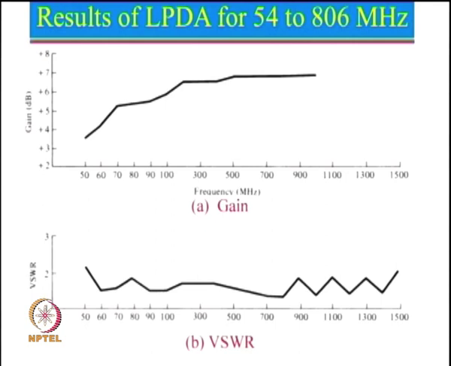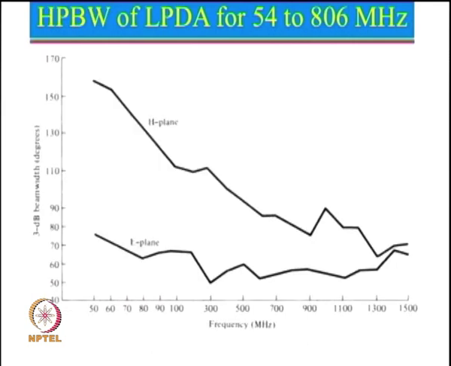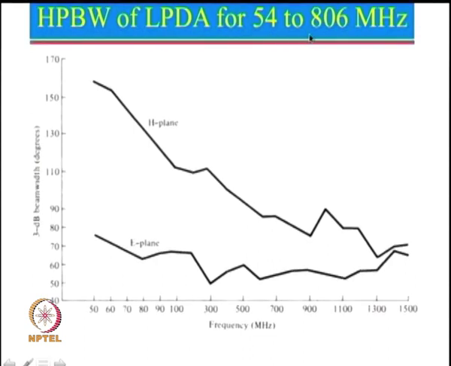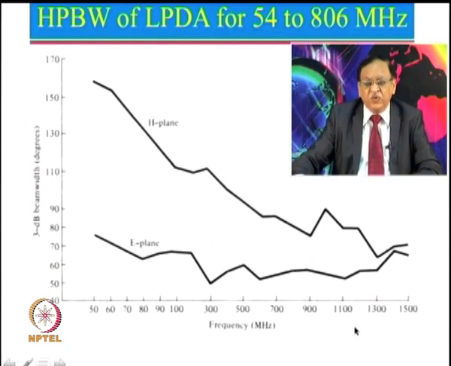Now, let us just look at the radiation pattern and half power beam width. So, here it is the half power beam width of that particular antenna. You can see that this is the H plane and this is the E plane. One can actually see that E plane half power beam width is shown along this axis and frequency is shown over here. So, one can see that E plane half power beam width is much smaller than the H plane beam width, which is very similar to the case of a Yagi-Uda antenna.